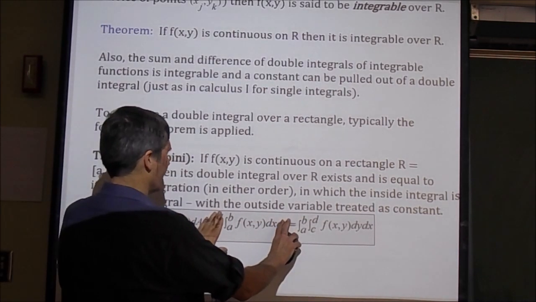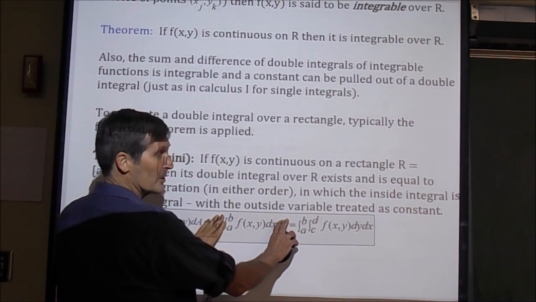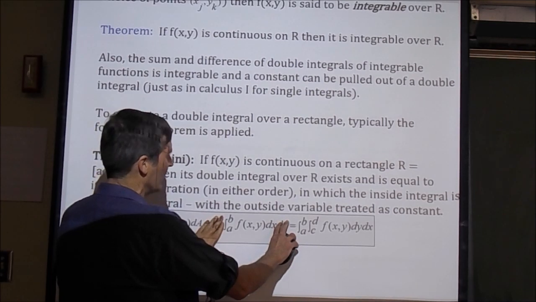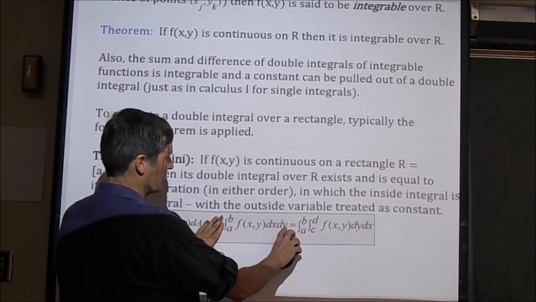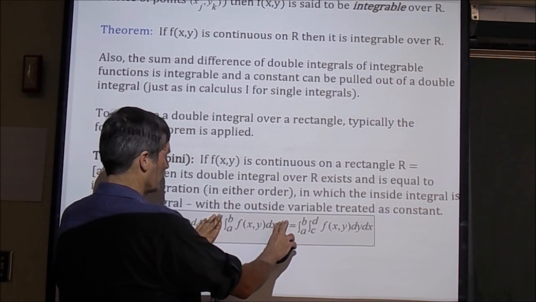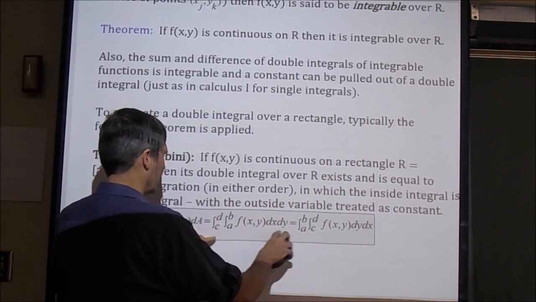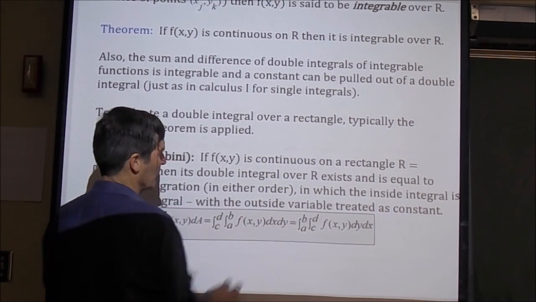So you have an inside integral from A to B of f of x, y dx, which is a partial integral. Like partial derivative, you treat the other variable as constant. So on the inside integral, I treat the outside variable y as a constant due to this calculus 1 integral. That's a partial integral. And then I get a function of y only, and I just do the regular calculus 1 integral on the outside.